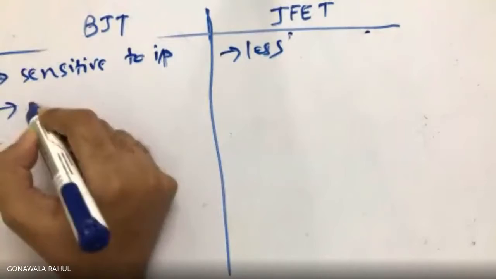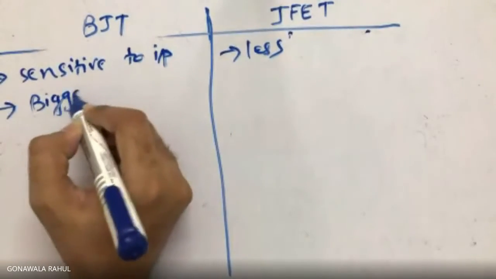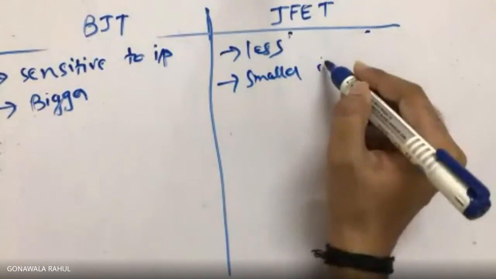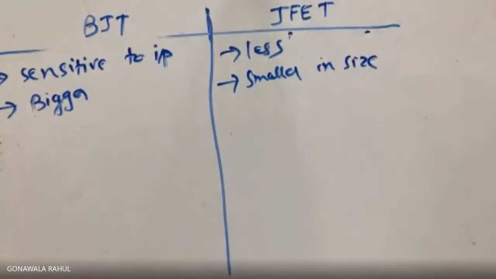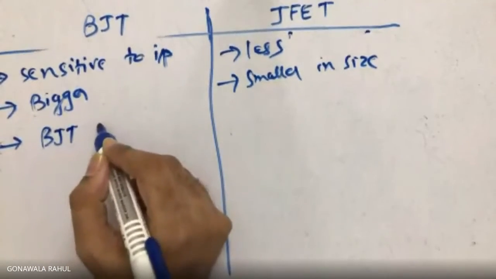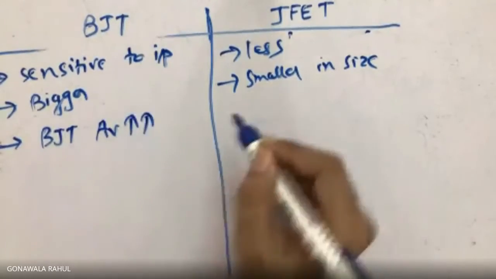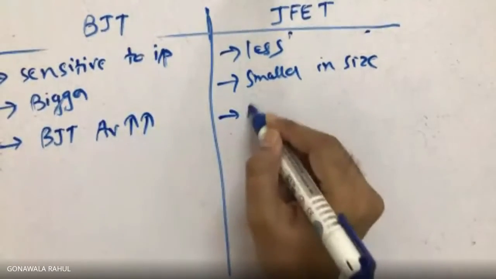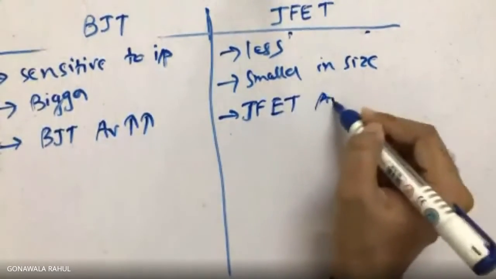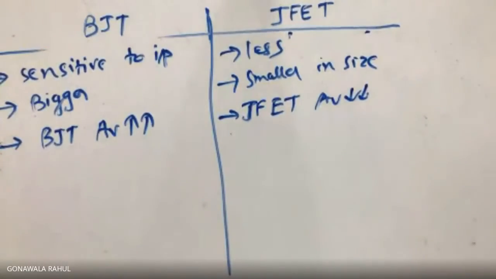BJT is bigger in size compared to JFET, while JFET is smaller in size compared to BJT. Then AC voltage gain of amplifier is higher for BJT compared to JFET, while JFET voltage gain compared to BJT is lower.